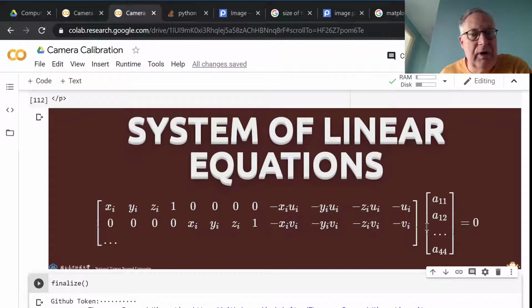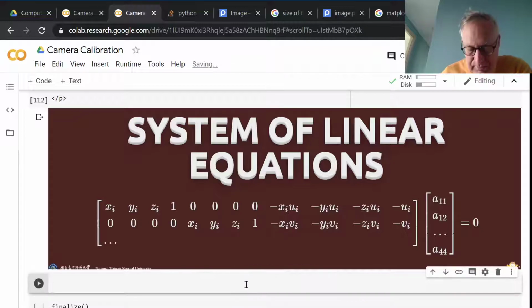So then this will be exactly the set of equations that we had. Now I need to find these unknowns. We did the same thing last class using the Moore-Penrose pseudo-inverse method to solve that system of linear equations.